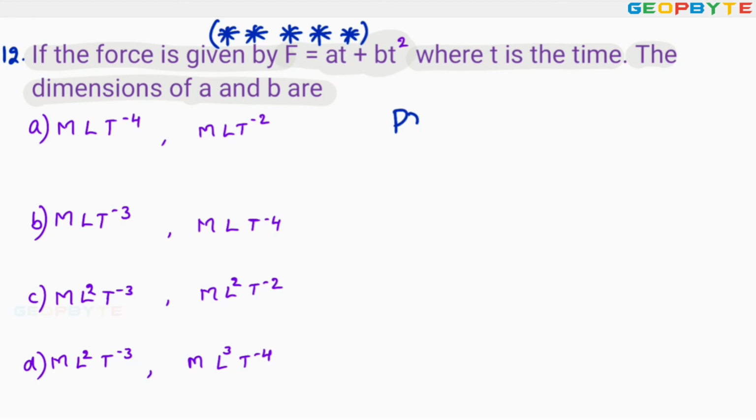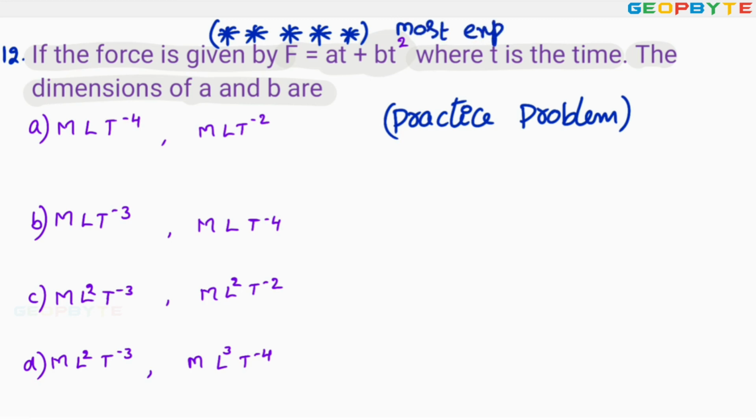I am making this a practice problem. Most expected problem. Since you have already listened to this problem as the fourth problem, you practice by yourself. If you find any difficulty, go to the fourth problem.